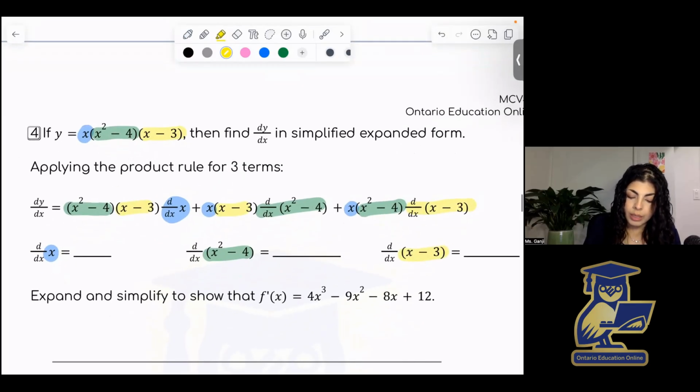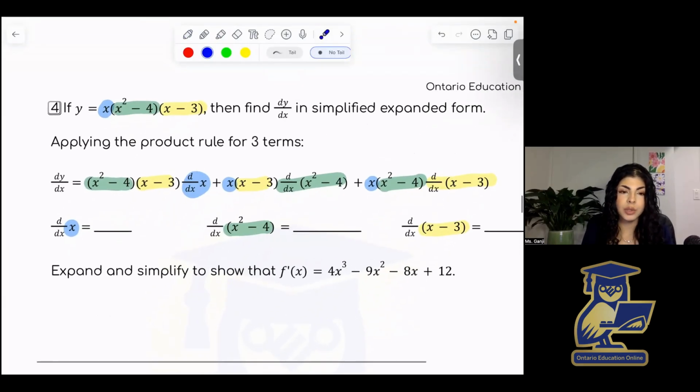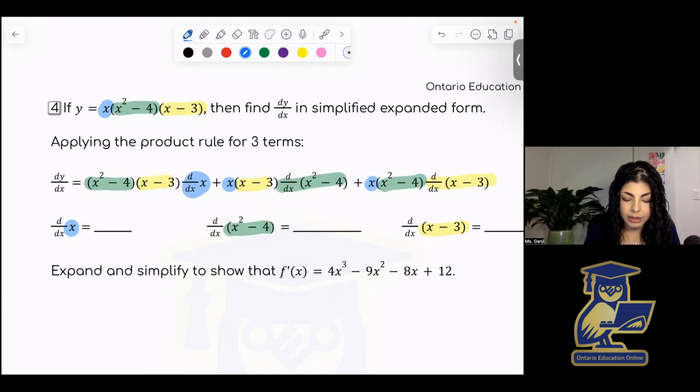Okay, so you can see that each function is appearing in each term, but the first one we have the derivative of x, and this one we have the derivative of the second term, and finally we have the derivative of the last term. And I just rearranged them a little, but with multiplication, the order does not matter. So now let's find those derivatives. So the first one, we know this is x. This one would be 2x, and the minus 4 is just 0.